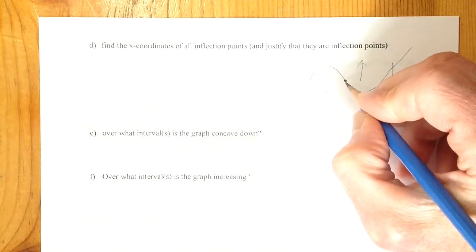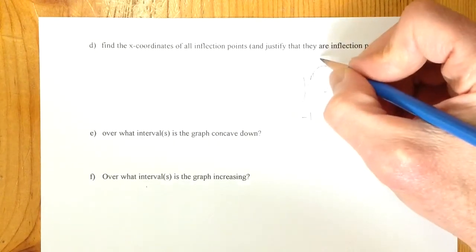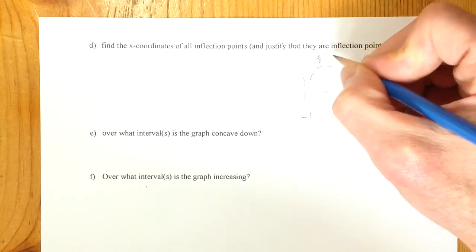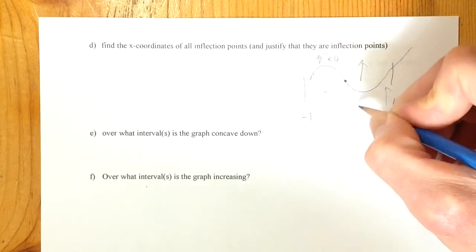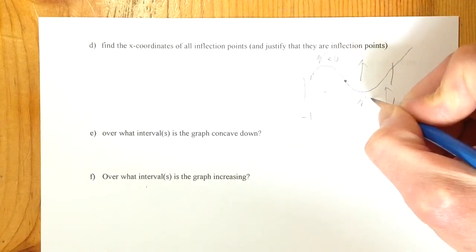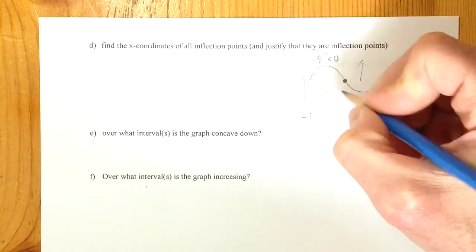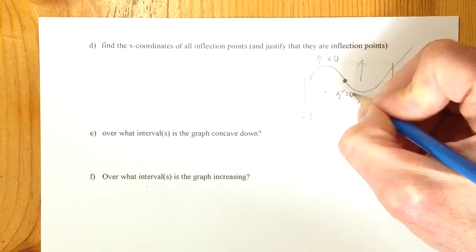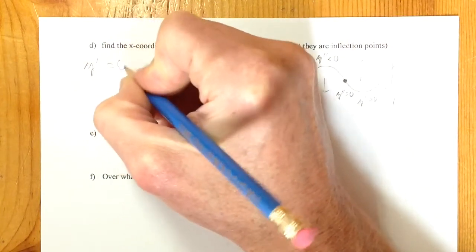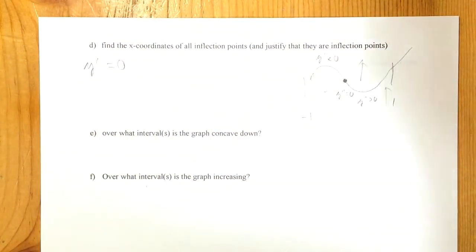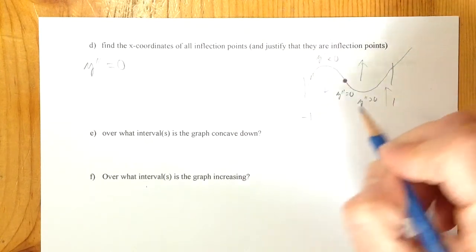In this case, at the inflection point, here the second derivative, y double prime, is less than 0. Here the second derivative is greater than 0, and right there at the inflection point the second derivative is equal to 0. So we want to know when our second derivative is equal to 0. That's the inflection point. There should only be one right here, because of the nature of this graph.